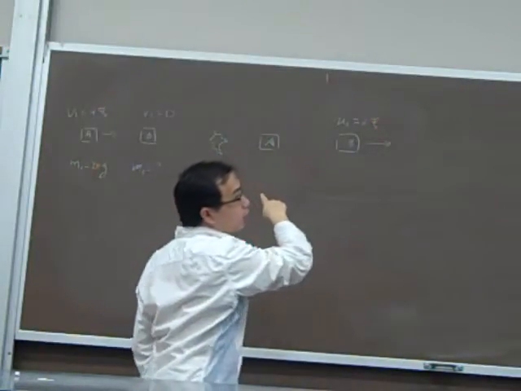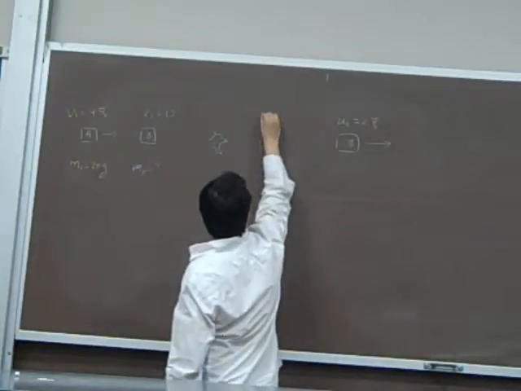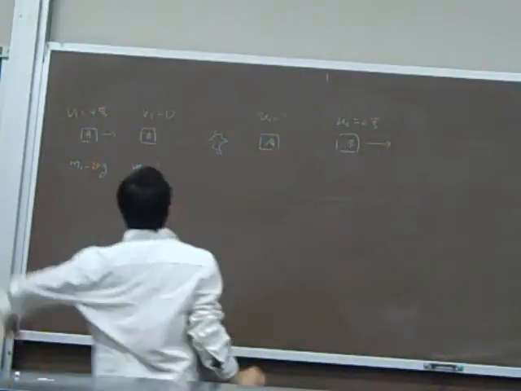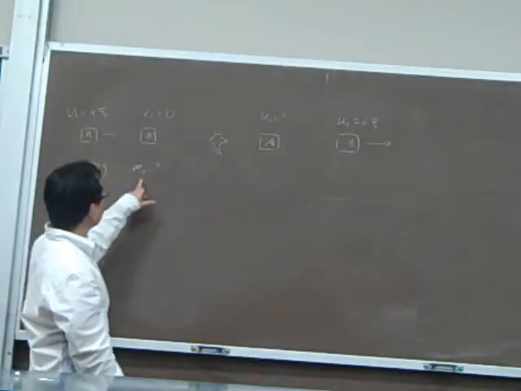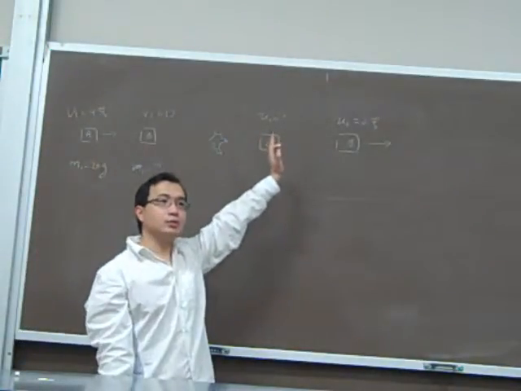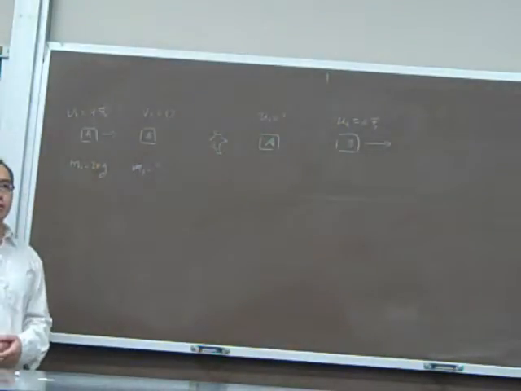And we also want to find what is the velocity of A after collision. So U1. Okay? So you can see, we have two unknown quantities, M2 and U1. So first, generally speaking, it's a solvable problem, right?